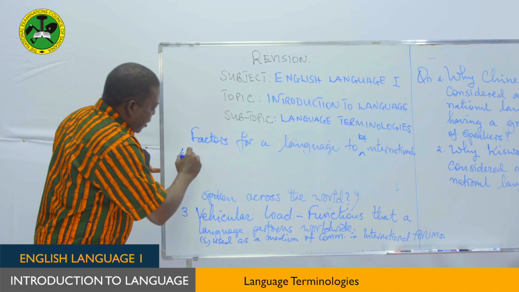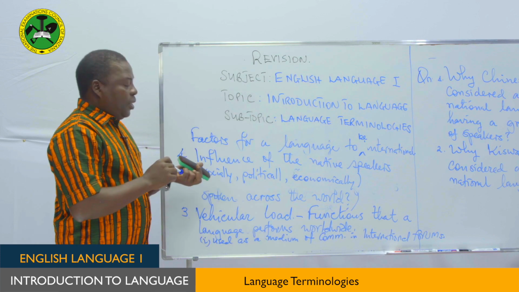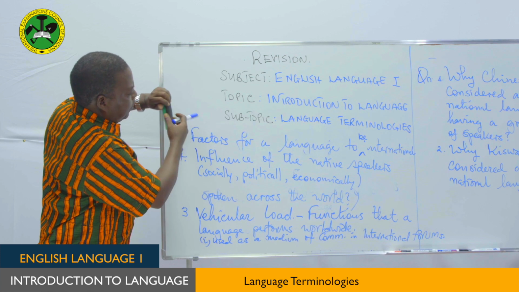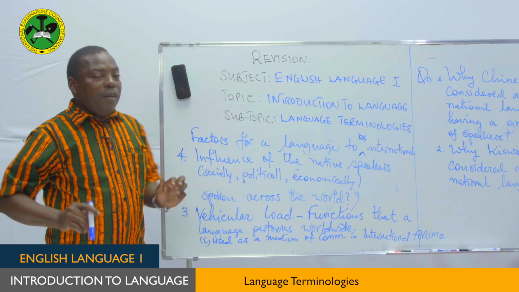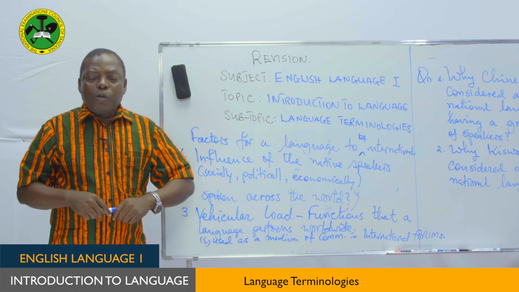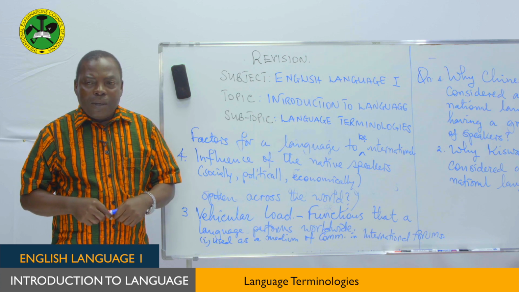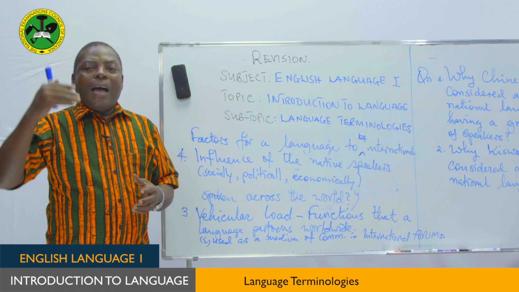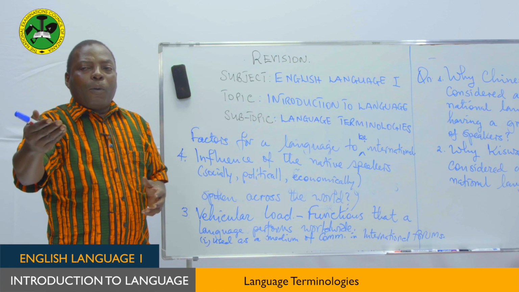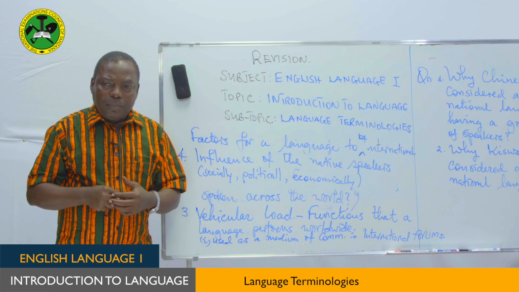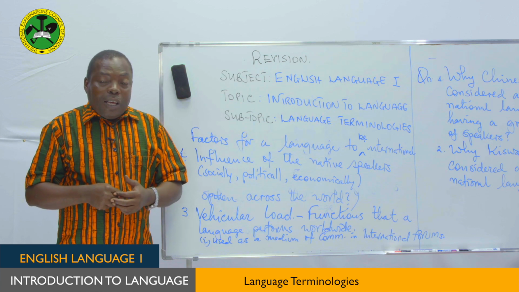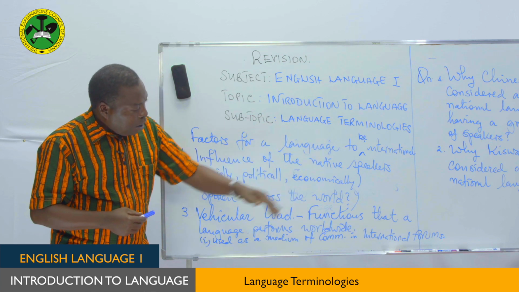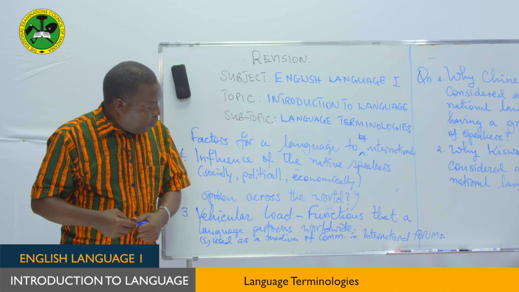And the last factor for this matter is the influence of the native speakers. How influential the native speakers can be, that they can make other people speak their language. The influence can be categorized in 3 points.